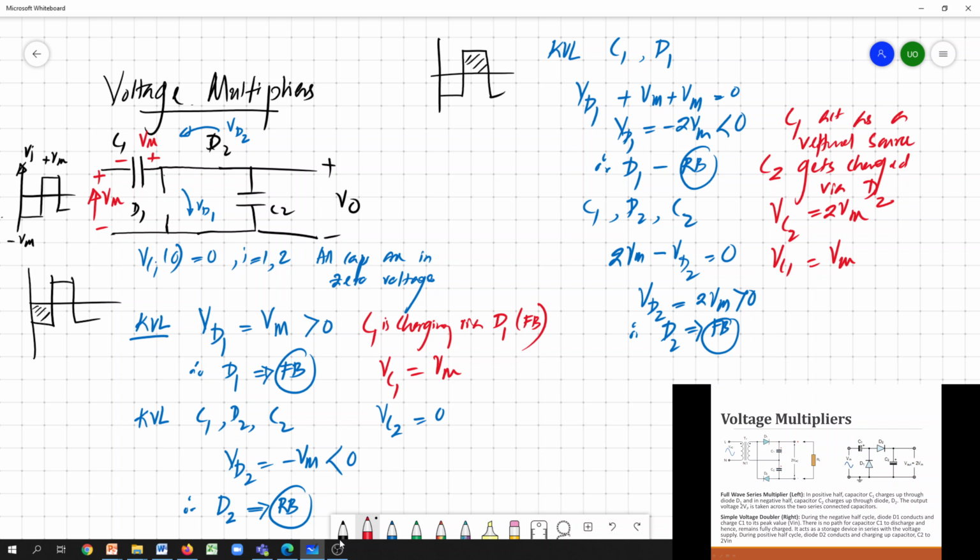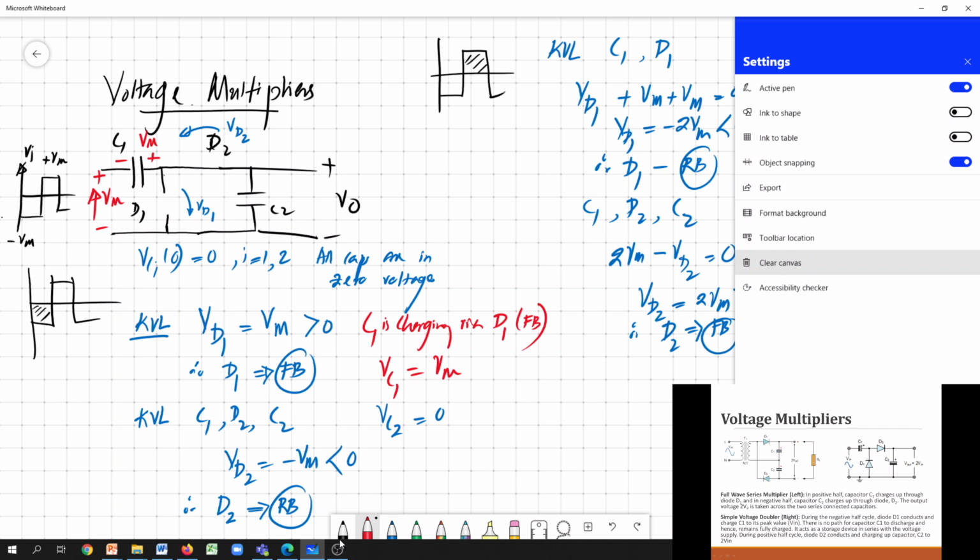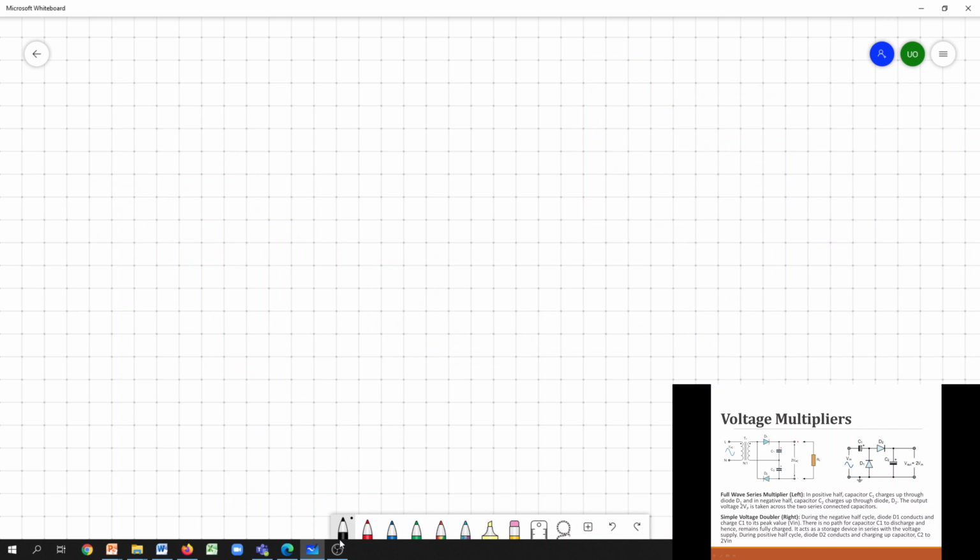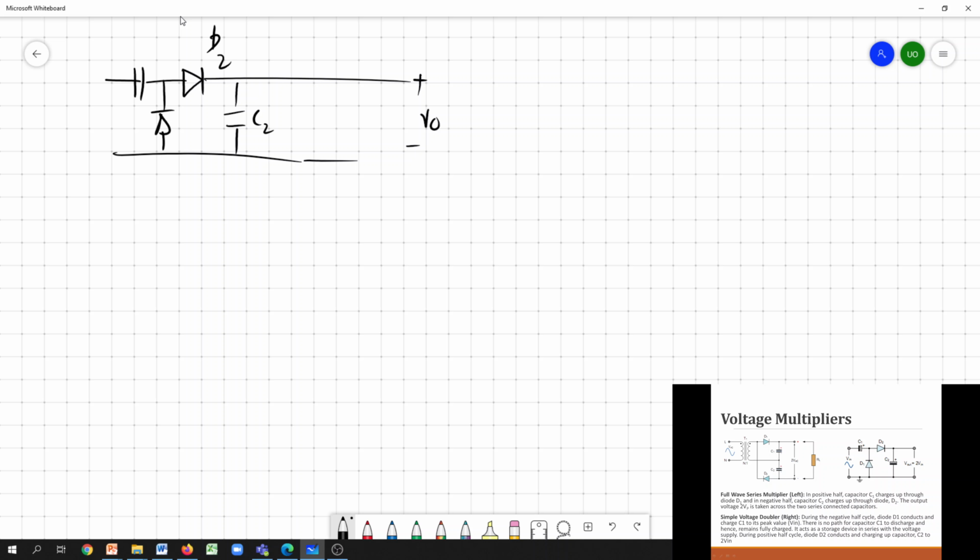Okay, then we'll move to the next cycle. So we have this circuit, capacitor, diode, C2, D2, D1, C1.